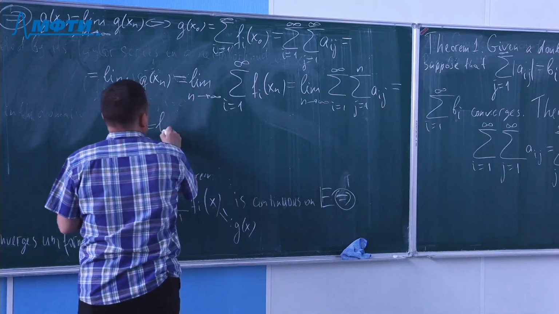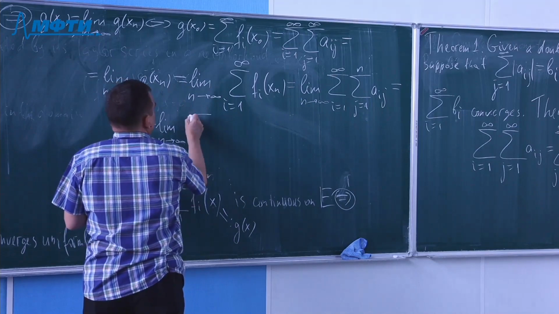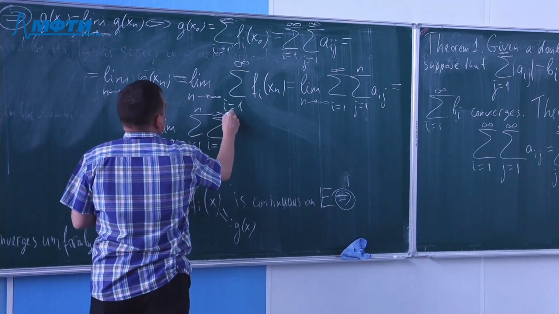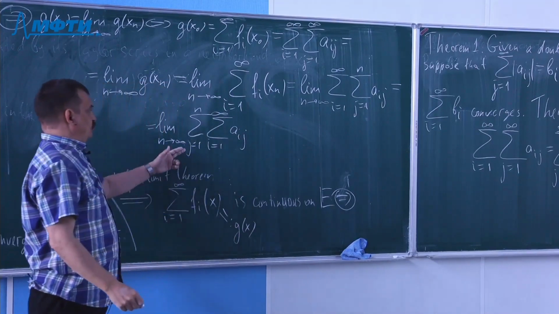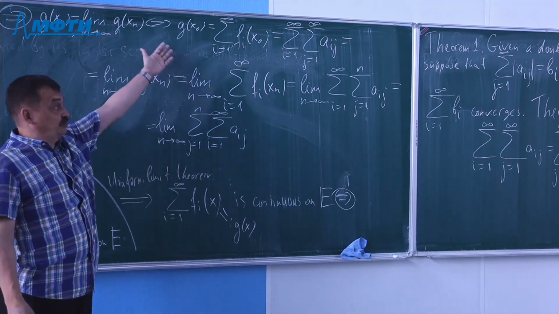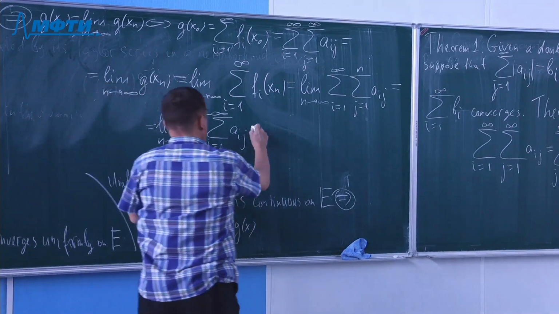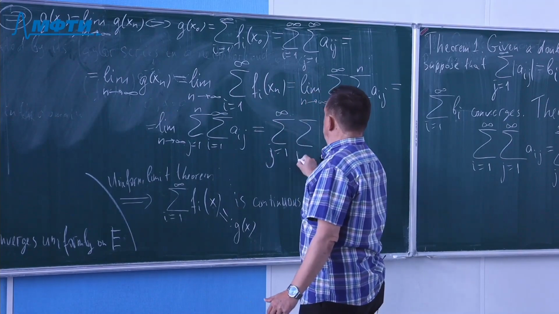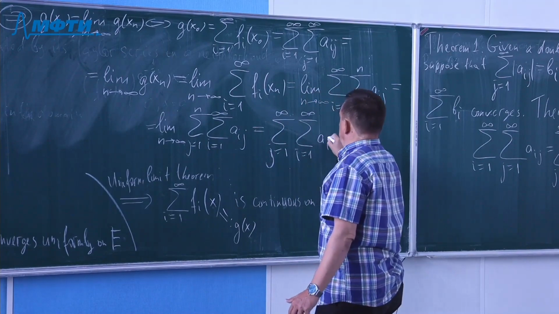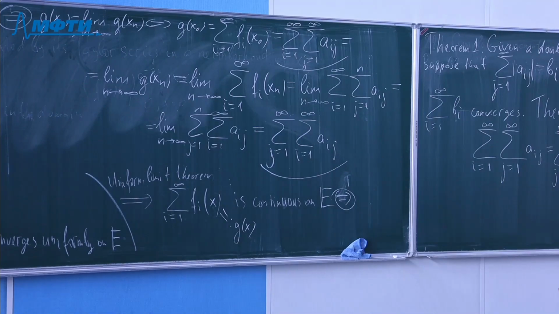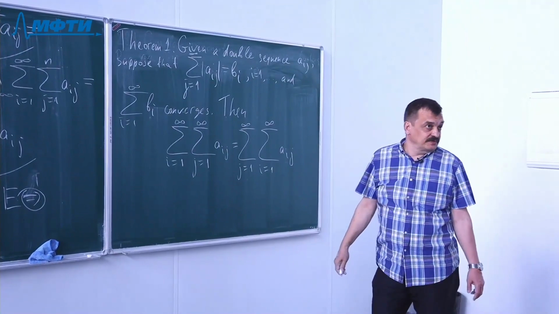So I can rewrite it as follows. And now look what we have here: the limit of partial sums. We know it exists, right? Hence I can write it as a sum of series, and look, that one and this one are equal, right? And the theorem is proved.